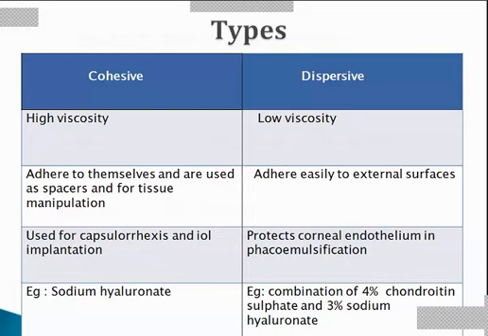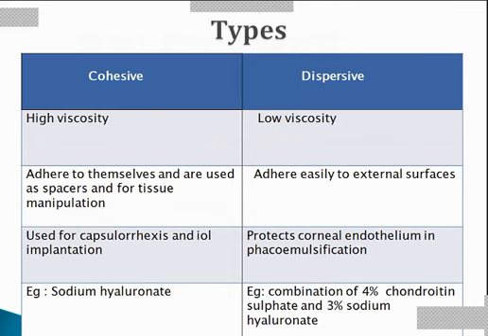There are mainly two types of viscoelastic substances. One is cohesive and the other is dispersive. The cohesive type is high viscosity. It adheres to themselves and is used as spacers and for tissue manipulations. For all tissue manipulations, we use these cohesives, used for capsulorhexis and IOL implantation.